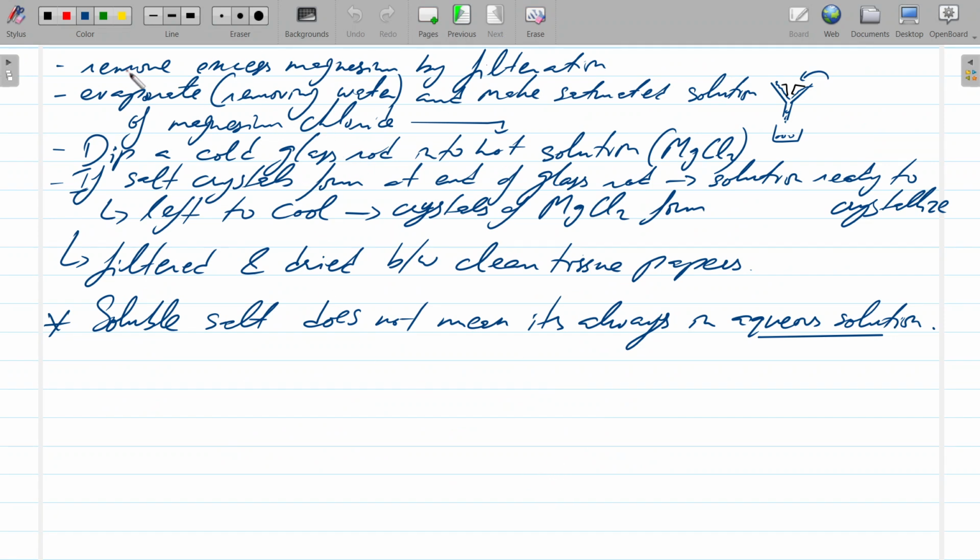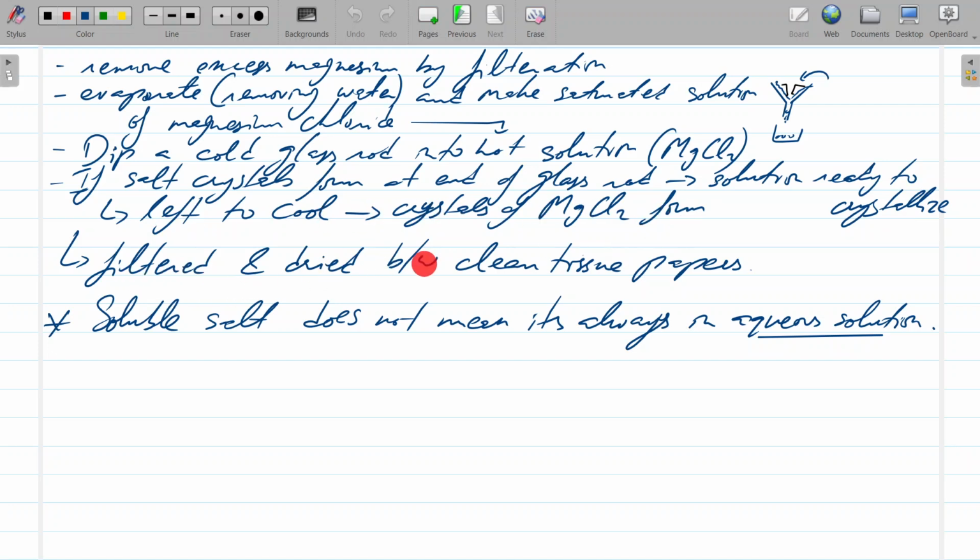Then once the magnesium chloride is formed, we remove the excess magnesium by filtration. You evaporate the solution and make it saturated. Dip a cold glass rod into the hot solution. If salt crystals form at the end of the glass rod, that means the solution is ready to crystallize. You leave it to cool, forming crystals of magnesium chloride.